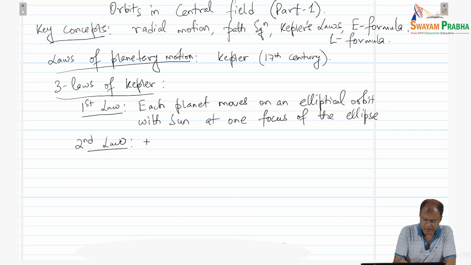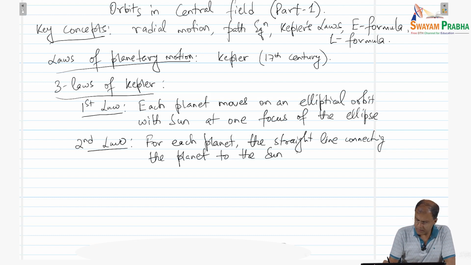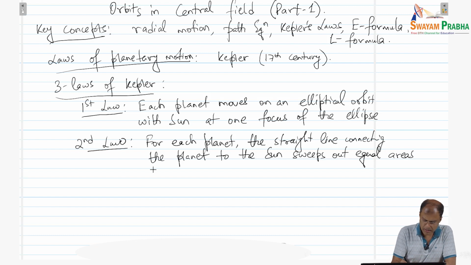The full statement says for each planet the straight line connecting the planet to the sun sweeps out equal areas in equal time.